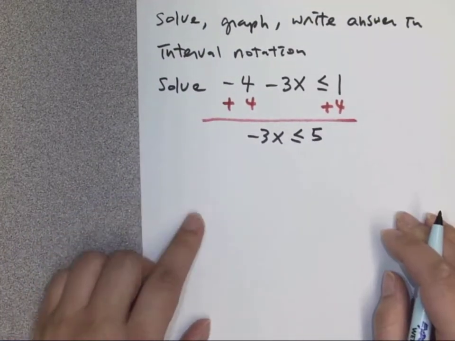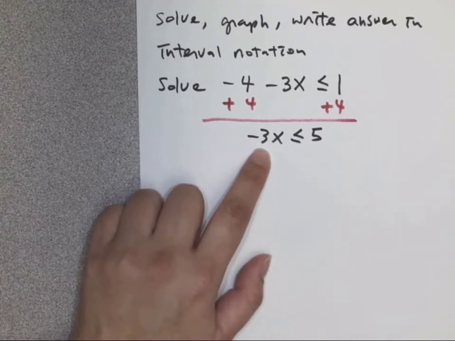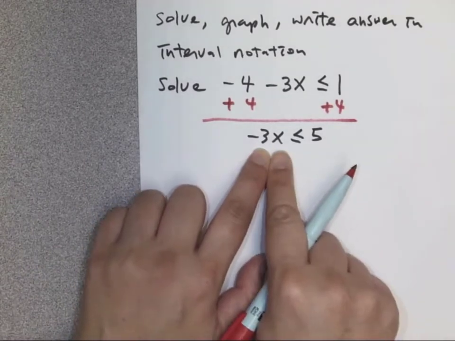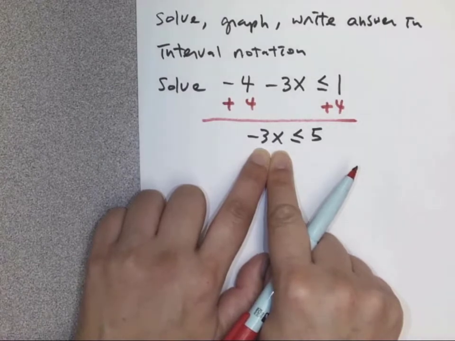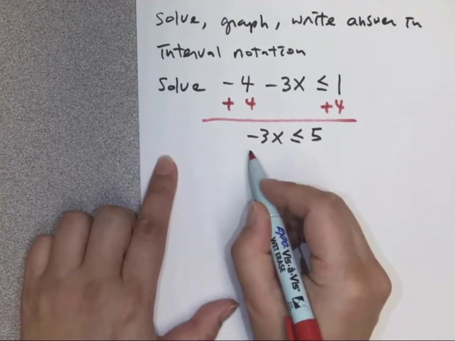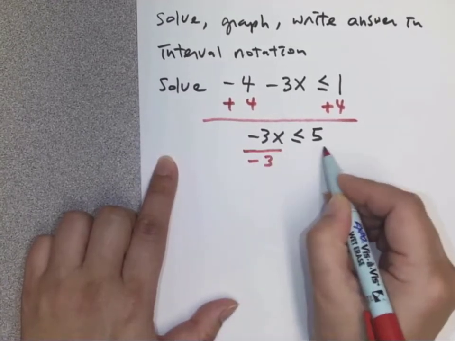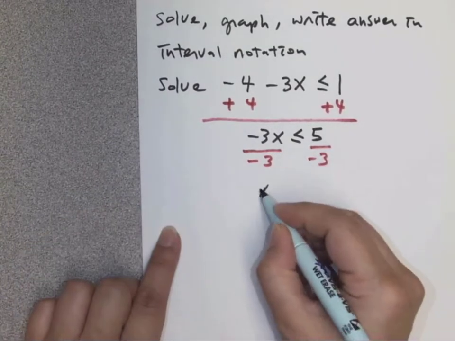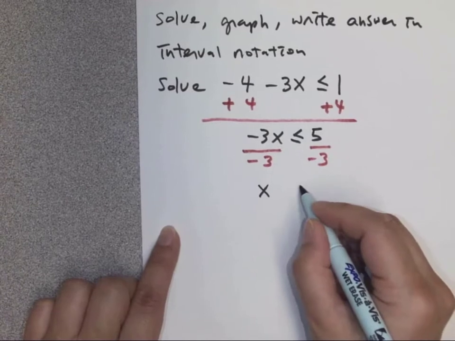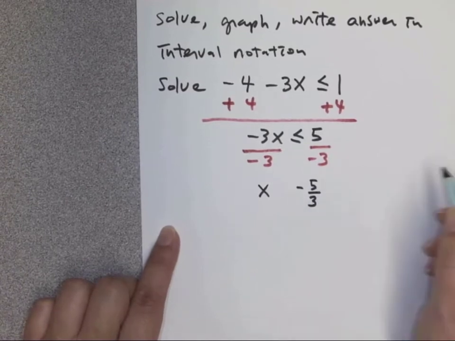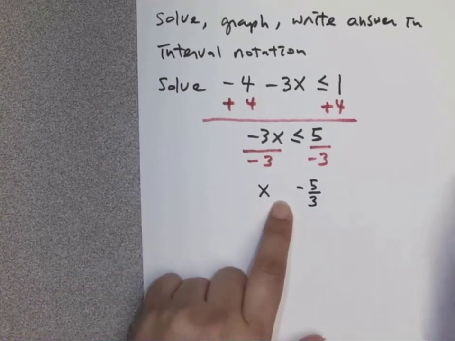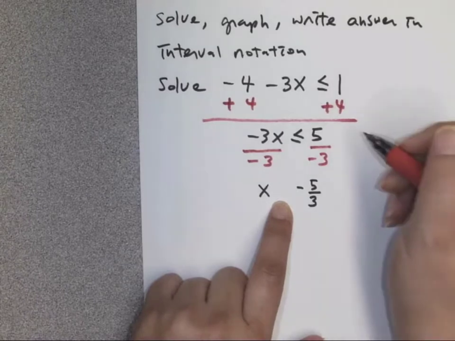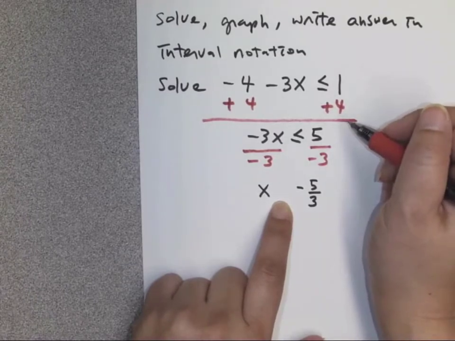Okay, and to solve that, I need to do the opposite of this, right? So what is happening here? Yeah, this is multiplying together, so the opposite would be dividing by negative 3, right? So x, and then this is negative 5 over 3, and what would that be? It would be x is greater than or equal to.